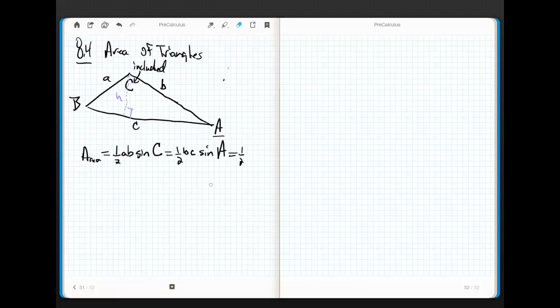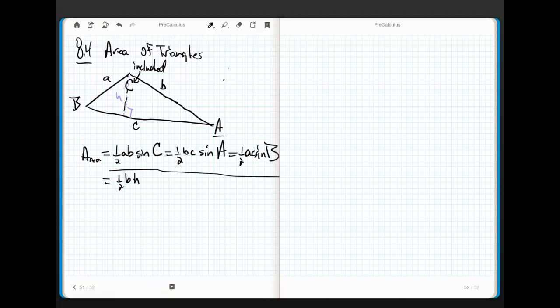Really, all I'm using is the fact that the area of any triangle is 1/2 the base times the height. And then I did some trig to figure this out. I just used sine and acknowledged that this was the height for this guy, and this is the height for this guy.